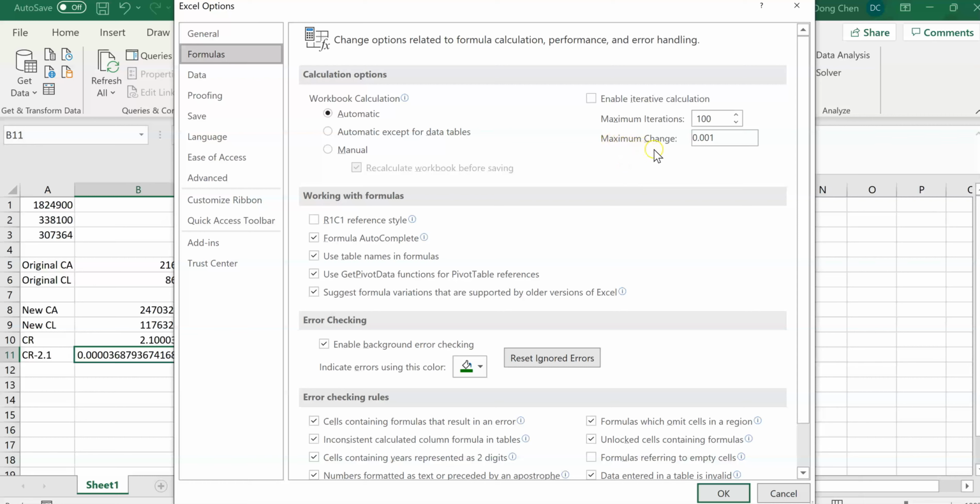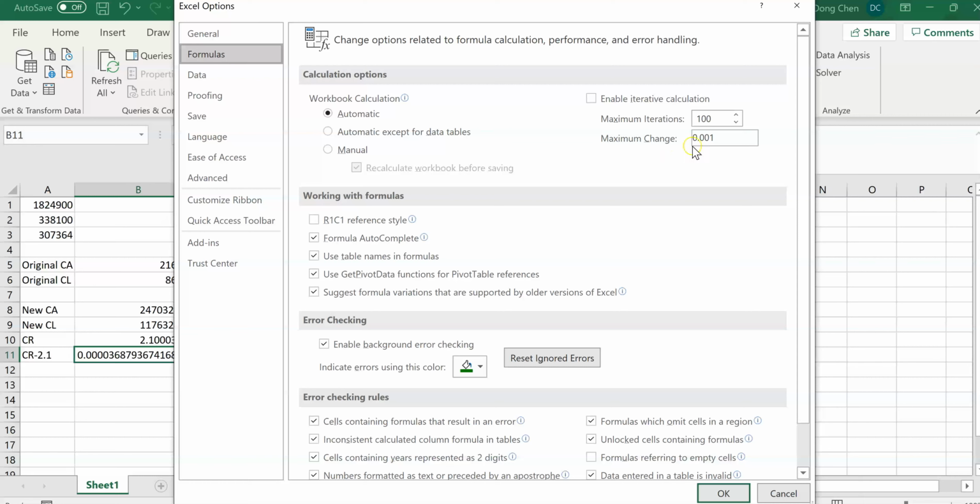We want to change the maximum change. Many times the way Excel works is by trial and error. In other words, it uses iterations until it converges to the true value.